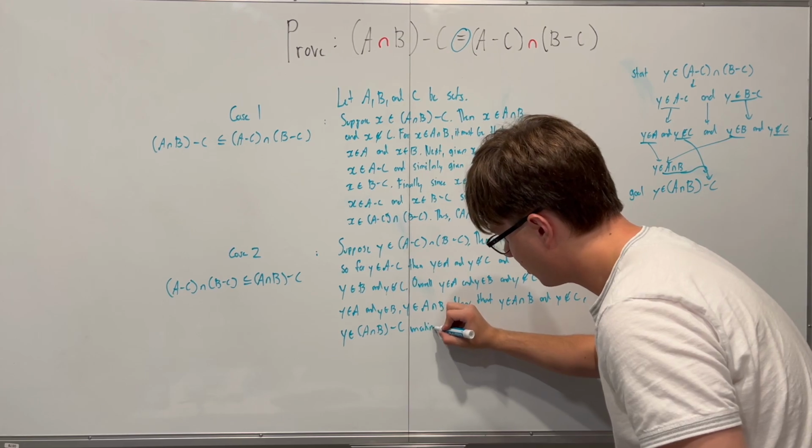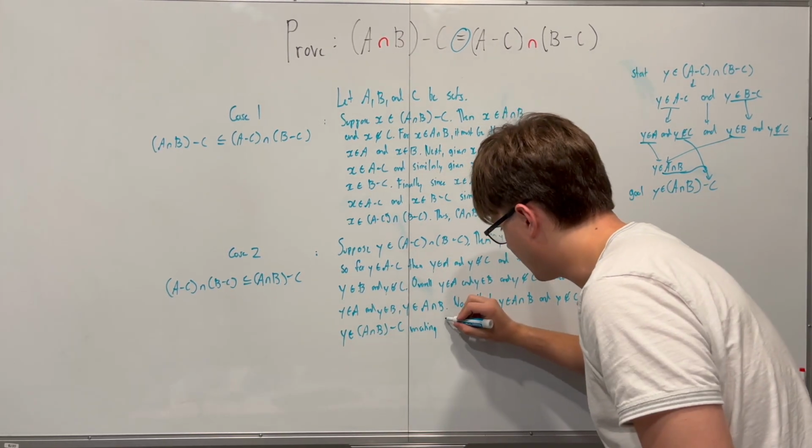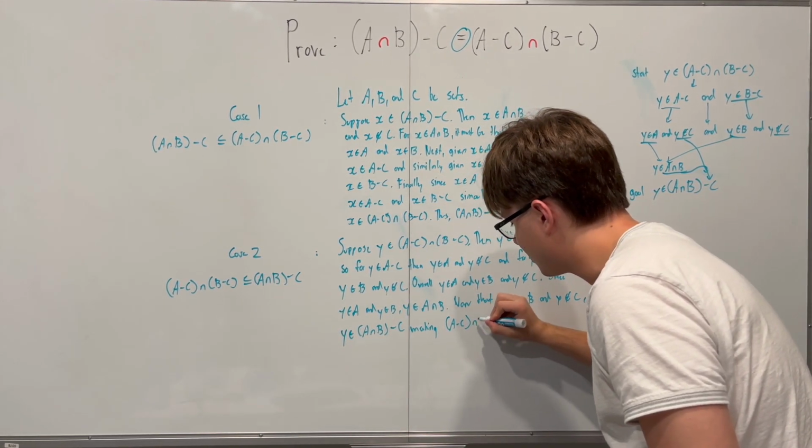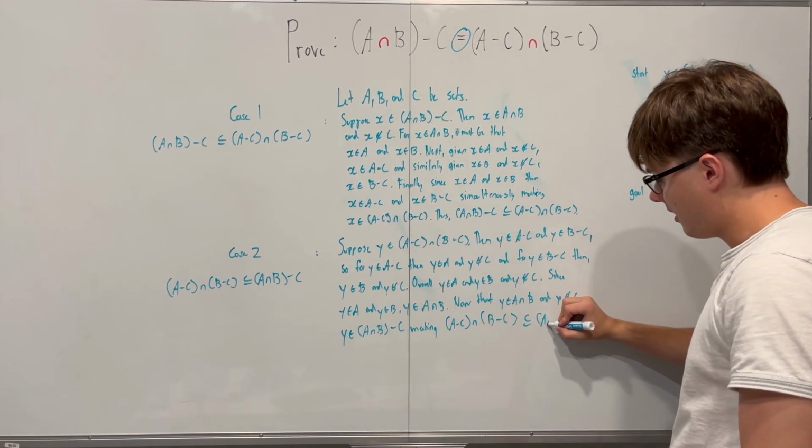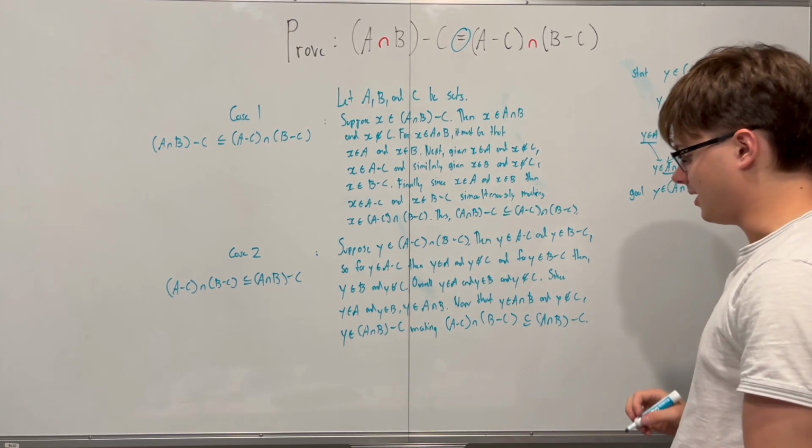Making this true, making A minus C intersect with B minus C a subset of A intersect with B minus C.